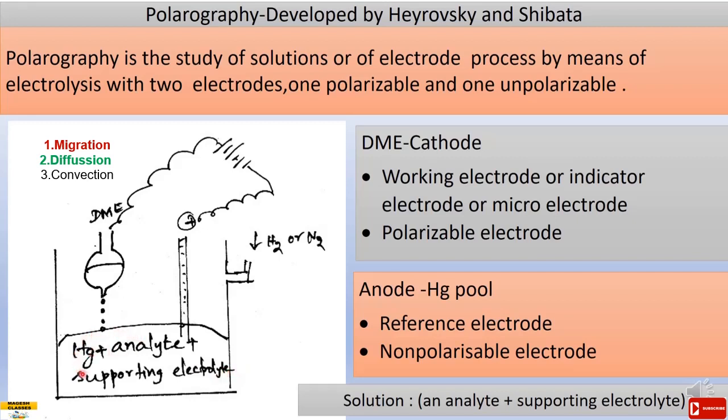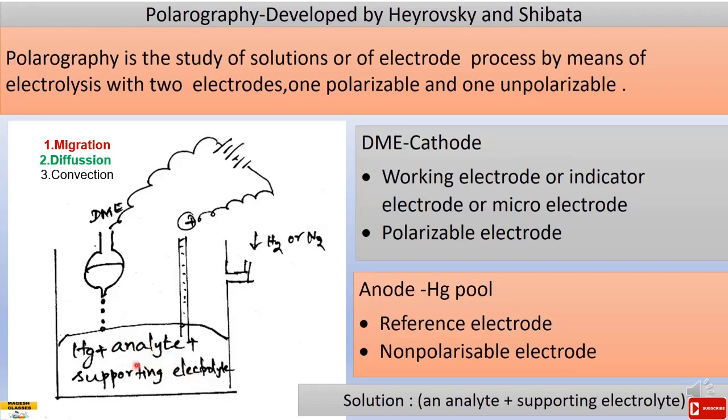The ions move towards the cathode, and some impurities are also present in the analyte. The impurities move towards the cathode and get reduced. By the reduction of impurities and the movement of the ions towards the cathode, current is produced.